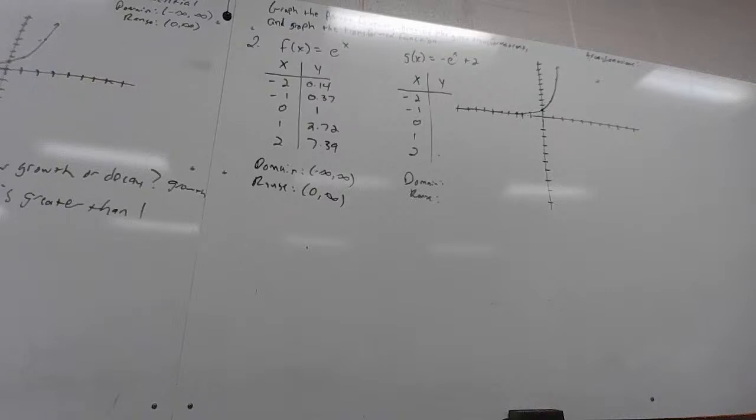But now let's look at the transformed function, negative e to the x plus 2. Before we start graphing it, let's figure out what transformations we did to e to the x to get that other function. So I see 2 transformations up here on g of x. What are those 2 transformations? Okay, so we got a vertical shift up 2 units.